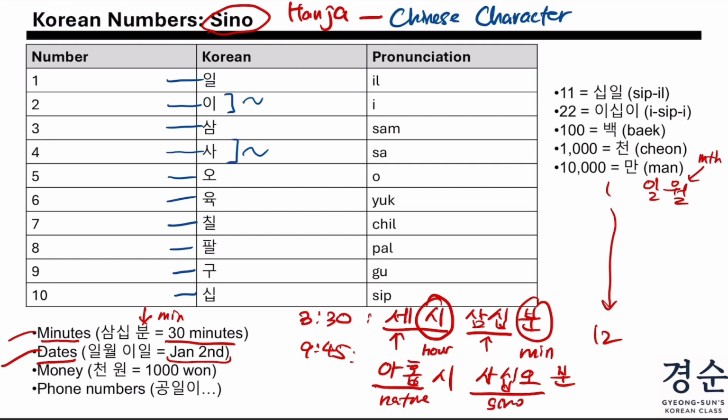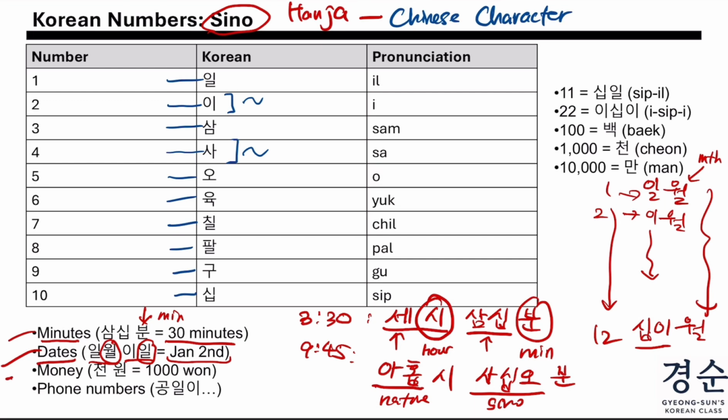So 1월 is January, and in the same way, February is 2월, and following the same pattern, we get to December, which is 12월. Okay, 12 is 12. So you can say all the months here. So for example, 2nd of January: 1월, January, 2일. 일 is day, 월 is month. So you can just use all Sino numbers for the day and the month.